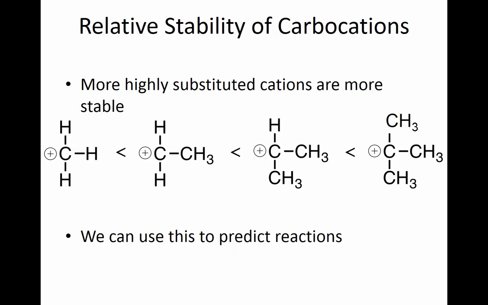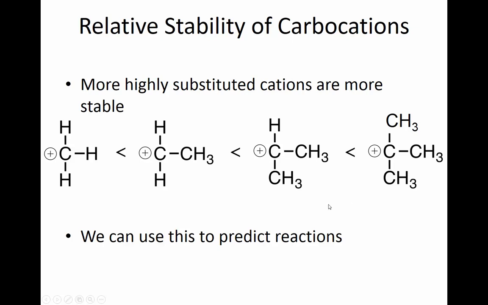So these are carbocation reactions, and we can use the same rules for stability of carbocations as we did for the stability of those radicals. Again, the more highly substituted cations are more stable. So this CH3 ion is less stable than this ion here, which is more highly substituted, with the hydrogens being substituted for methyl groups.